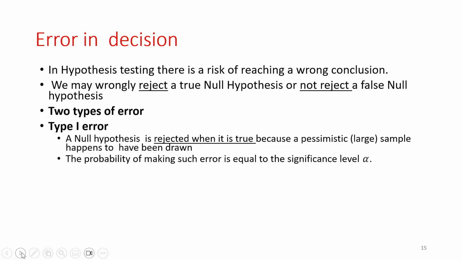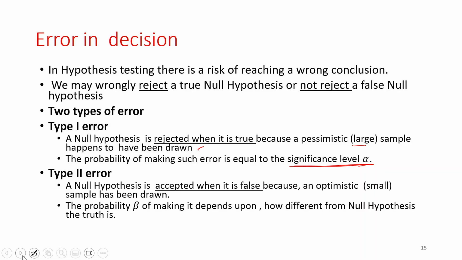Type 1 error is when the null hypothesis is rejected, that is H0 is rejected, when it is actually true. By doing the statistical analysis or test, we reject it when actually it is true because pessimistic large samples happen to have been drawn. The probability of making such an error is equal to the significance level, that is alpha. And type 2 error is when the null hypothesis is accepted when it is actually false because optimistic small samples have been drawn.